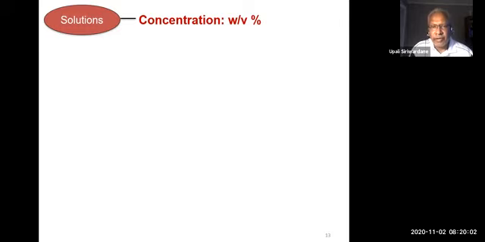The parts could be taken by weight, W is weight, V is volume. There are so many ways solution concentration percentages are expressed: volume by volume, weight by volume, volume by weight, depending on the physical state of the solute and the solvent.